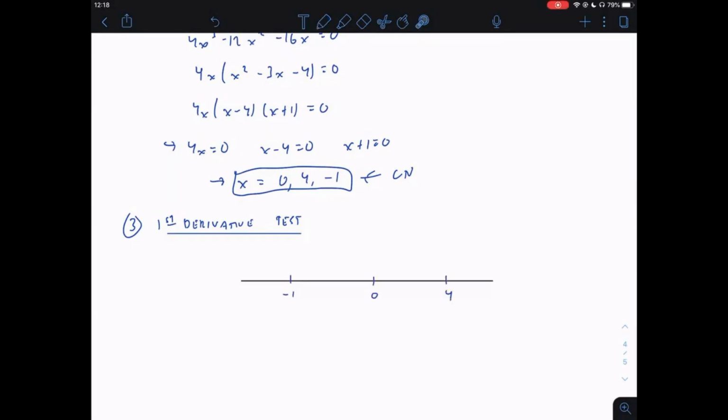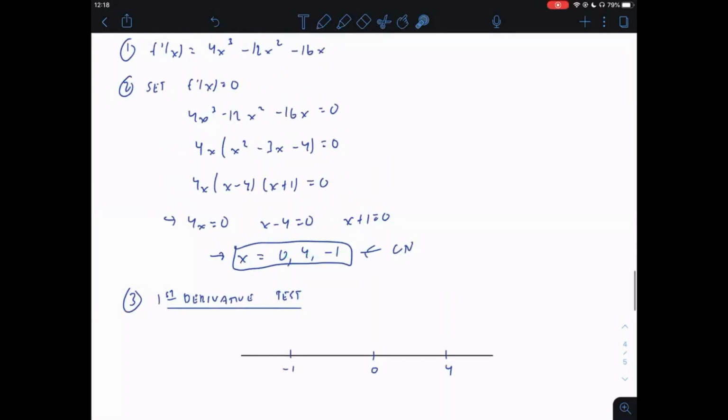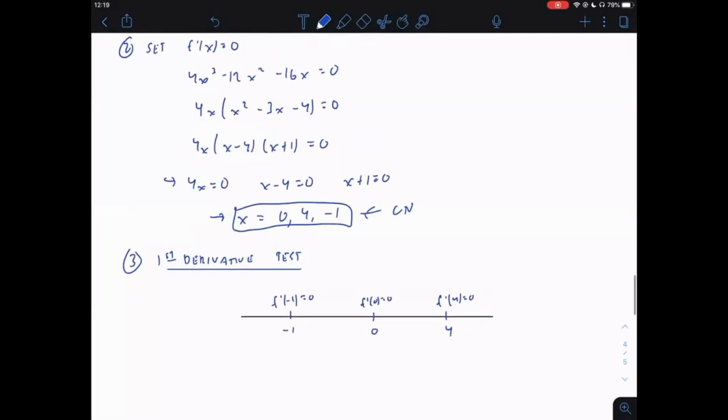Again, since we got these 3 critical numbers by setting our first derivative to 0, if we plug these values back into our first derivative, it's going to give us 0. All right. So what we want to see is, once again, we want to identify the type of slope, the behavior of the original function before, between, and after our critical numbers.